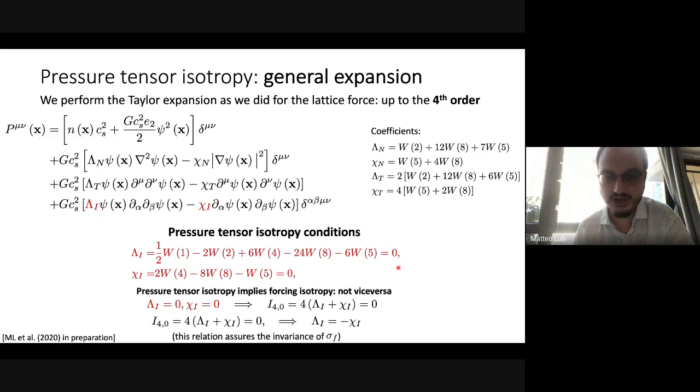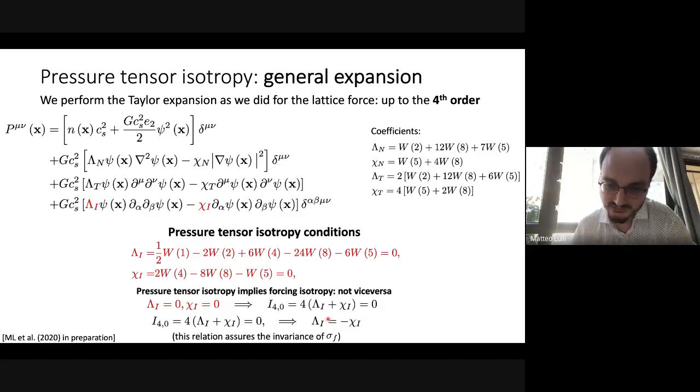And if we analyze them, we can see that the isotropy condition for the fourth order for the forcing is actually a linear combination of these two constraints. What does this mean? It means that if we impose the isotropy of the pressure tensor, we automatically gain the isotropy of the forcing. But if we impose the isotropy of the forcing alone, we don't get the isotropy of the pressure tensor at fourth order.